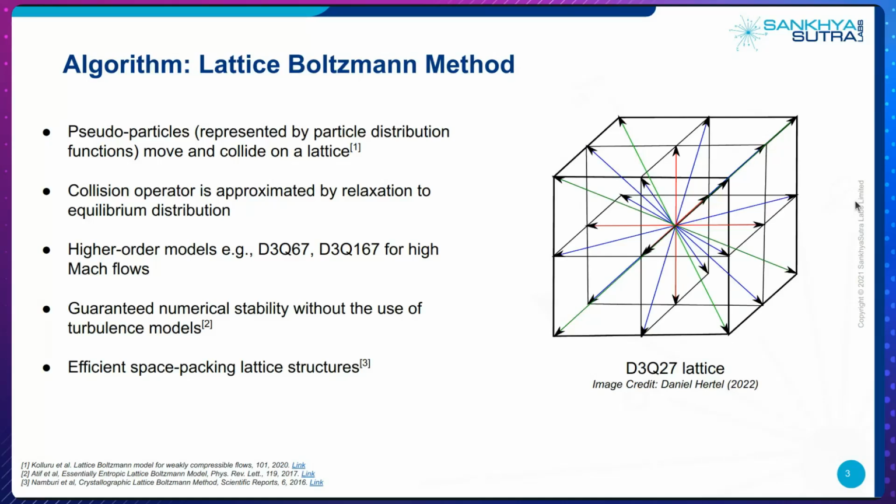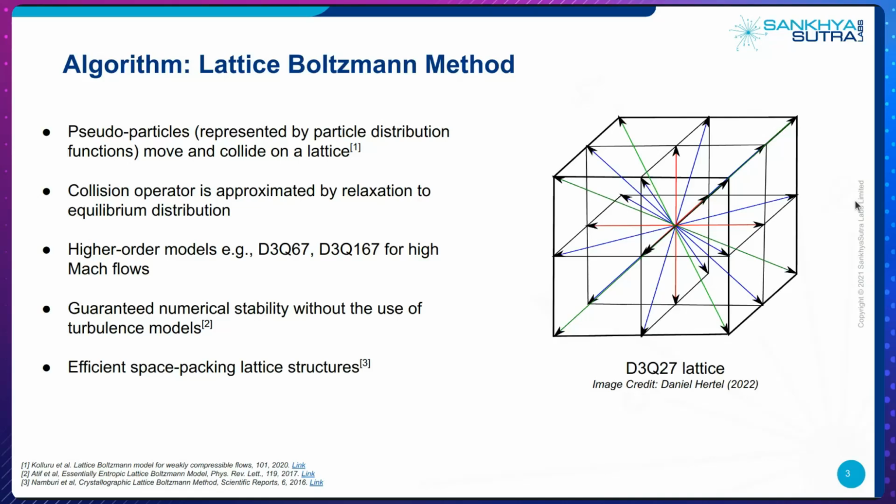Now we basically resolve or solve the discrete version of the Boltzmann equation on each lattice cell, and the velocity directions that we use are based on these LB models.